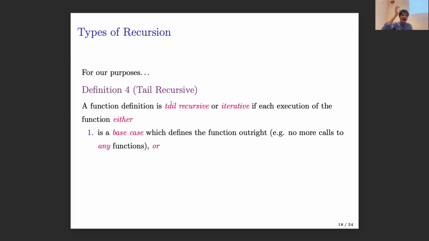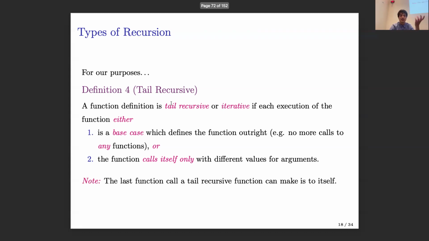You say I am equal to this. Something static, something constant, or one of the inputs. Or a function is tail recursive if the last call it makes is to itself, with different arguments, of course. So the last function call a tail recursive function can make is to itself.